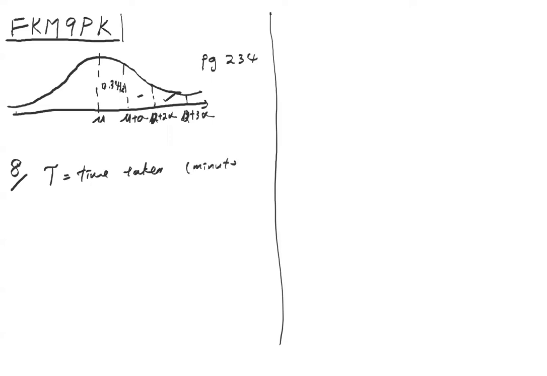So T is normally distributed with a mean equal to 10.5, and the standard deviation of 15 seconds is 0.25. So your units must be consistent, okay?